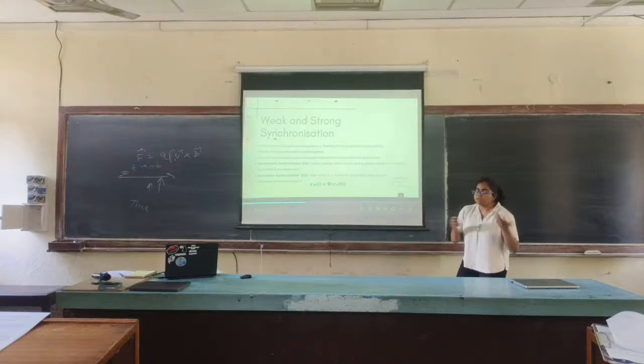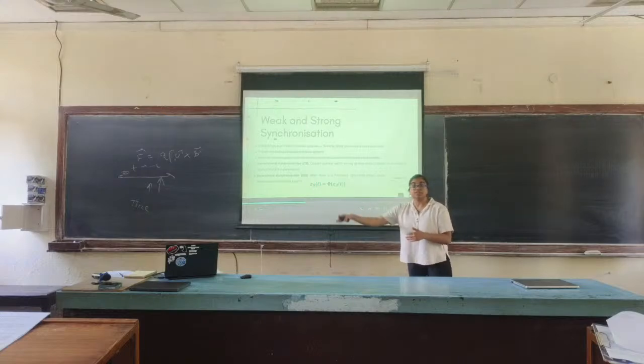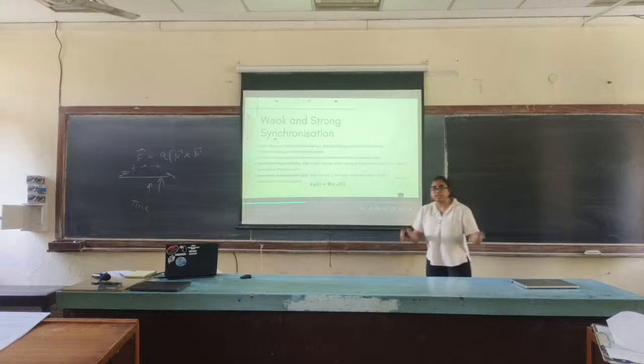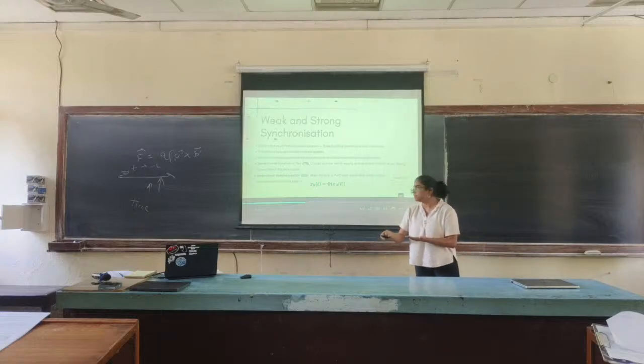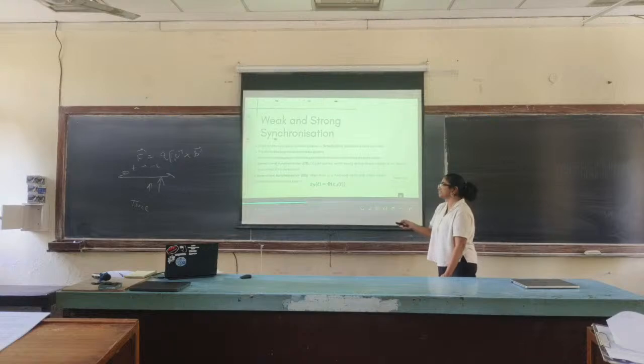Conventionally, synchronization is when the coupled states match each other as the entire system evolves with time. But what we're going to look at over here is called generalized synchronization, where the states are related by a particular function. And over here, it's usually a smooth, differentiable function.